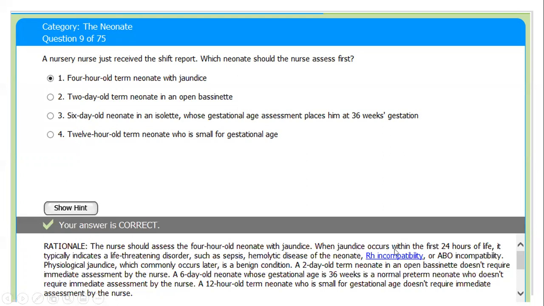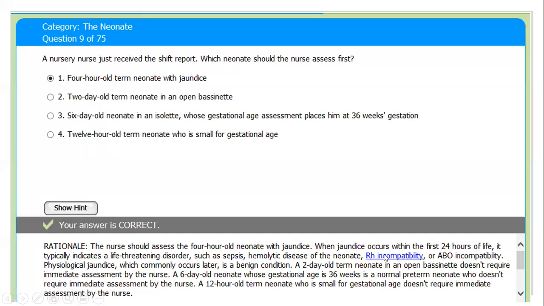When jaundice occurs within the first 24 hours of life, it typically indicates a life-threatening disorder, such as sepsis, hemolytic disease of the neonate, Rh incompatibilities, or ABO incompatibilities.